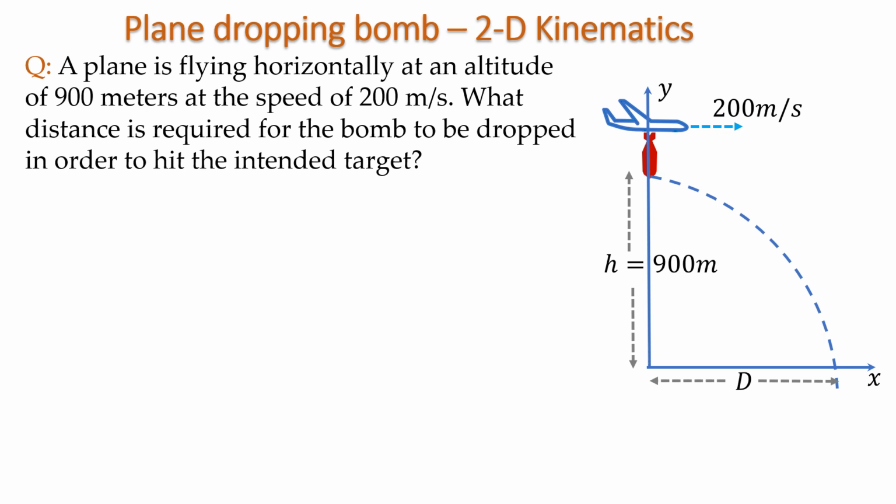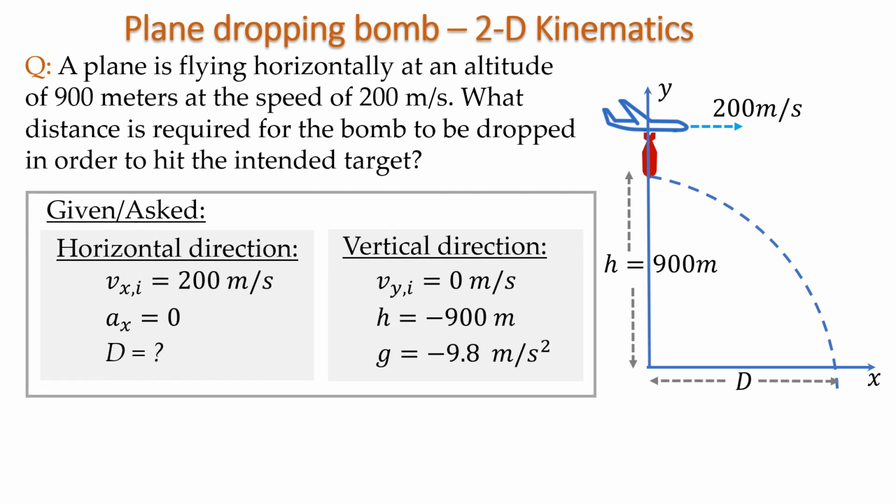We first convert the verbal question to mathematics, which means writing down the variables that are given and what is asked. Once done, we never want to read the question again. In this question, along the horizontal direction, we are given the initial velocity of the plane, which is 200 meters per second.